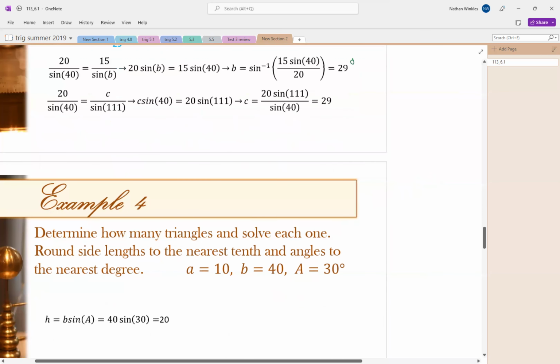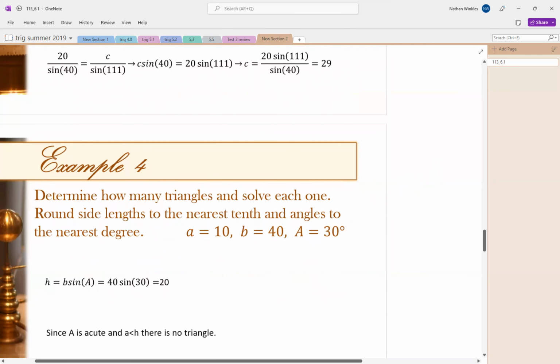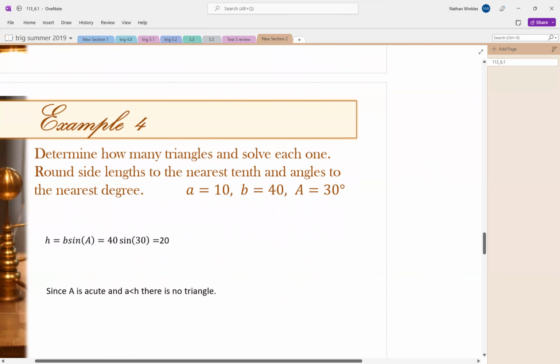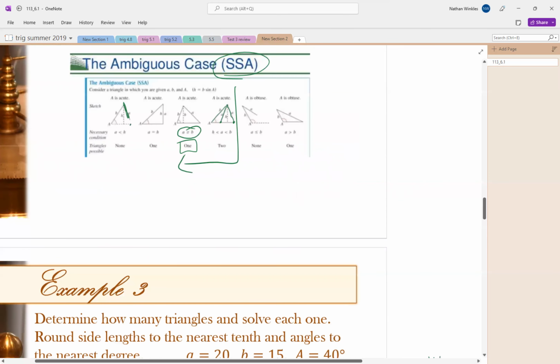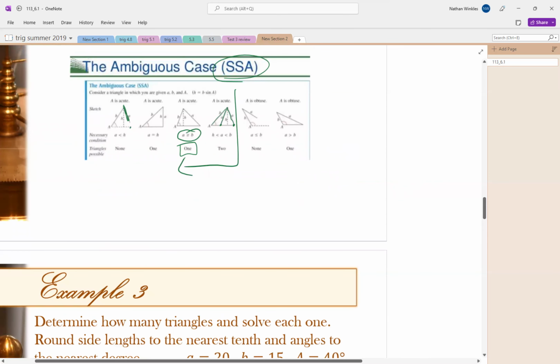So again, we look at our stuff. We have an acute angle. We have that a is less than b. So what are our cases that we have to check up here if a is less than b? If a is less than b, we need to check our value of h.